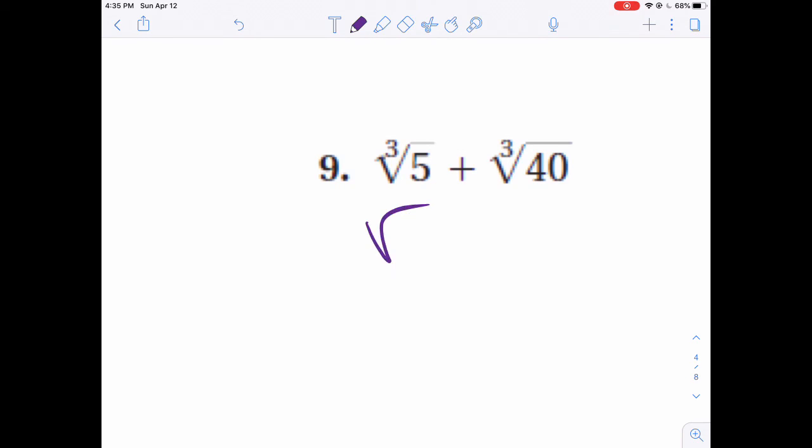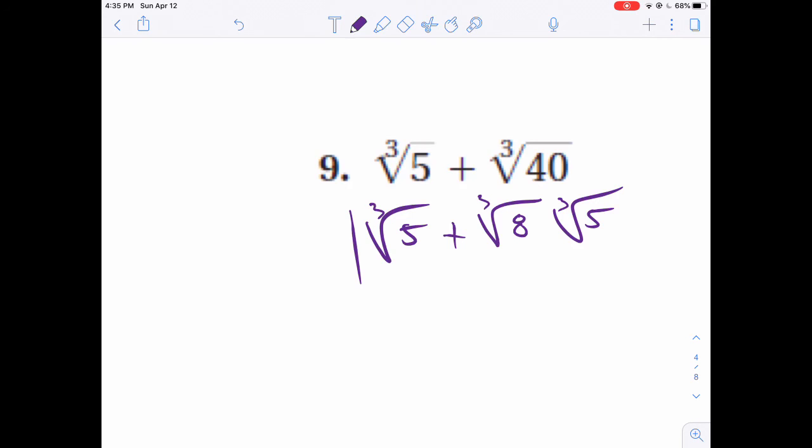So I have the cube root of 5. Again, if you want to write it here, there's a 1 in front of that. Plus, I've got the cube root of 8 times the cube root of 5. 8 times 5 is 40. Oh my gosh, look at that, the cube root of 8. That's one of the easier ones. Hopefully you recognize that as 2.